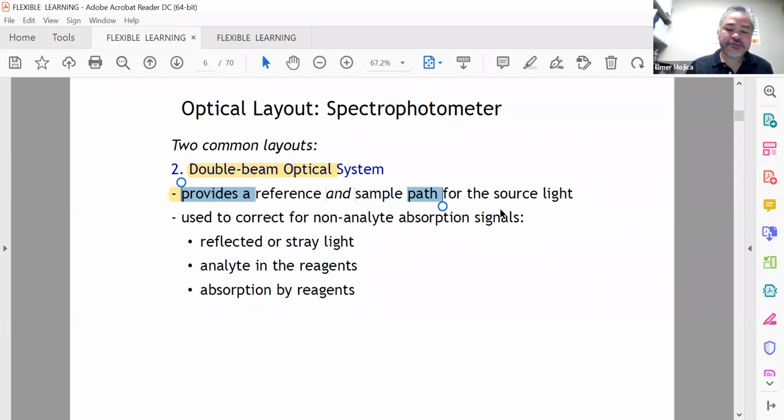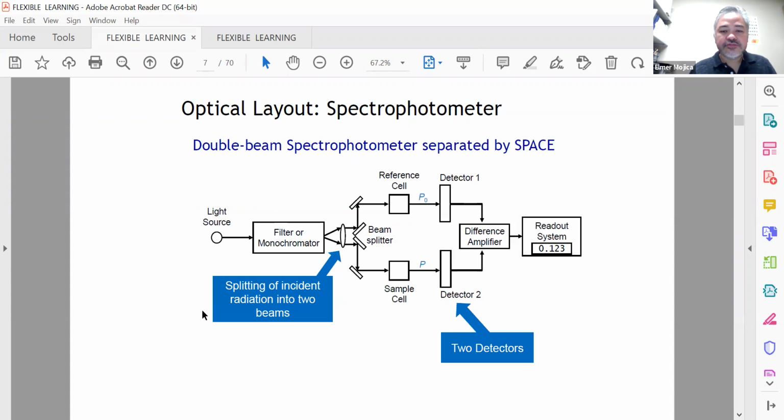What are these? The reflected or stray light, the analyte in the reagents, and the absorption by the reagent. If you look at the block diagram of a double beam spectrometer, these paths are usually separated by space.